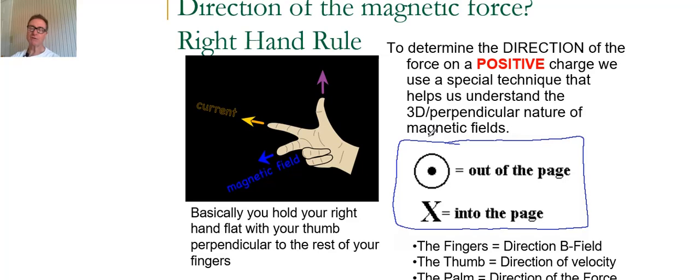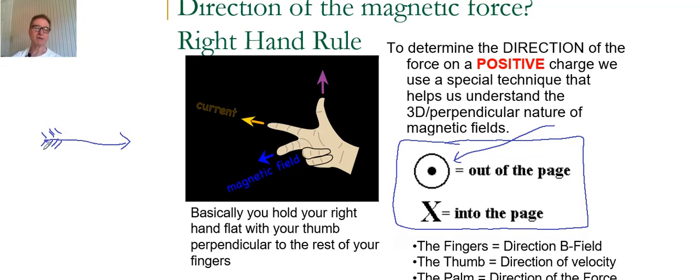Well, the convention that's used is, if we look at this diagram over here, a circle with a dot means that whatever that thing is, whether it's a magnetic field or a current, is coming out of the page. The best way to think about it is an arrow. So here's an arrow. I'll try to draw it the best I can. That's not a great arrow, but it's not bad.